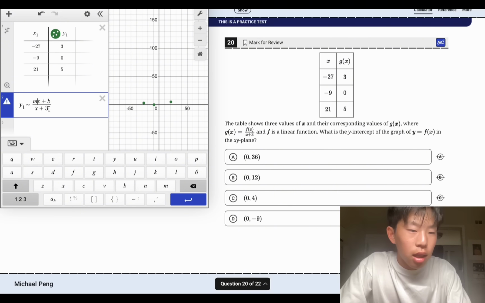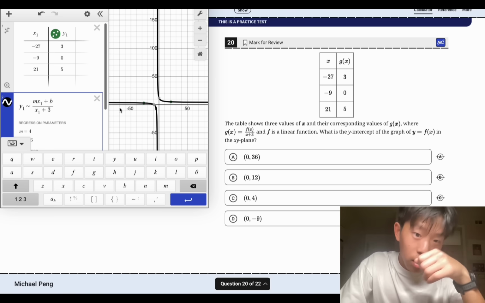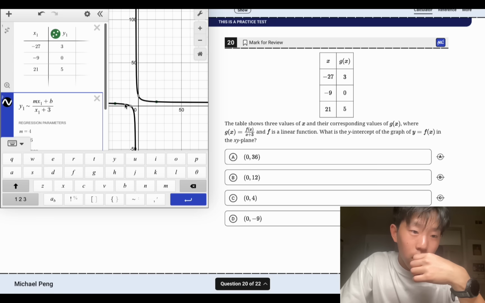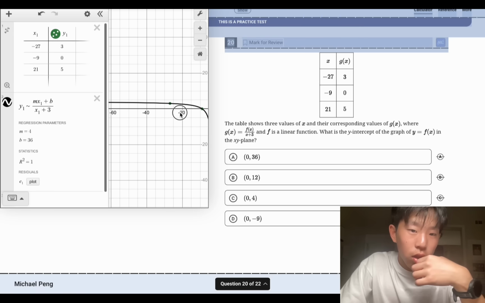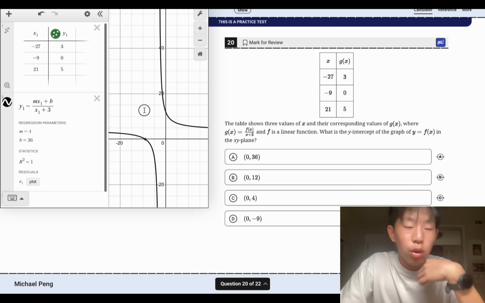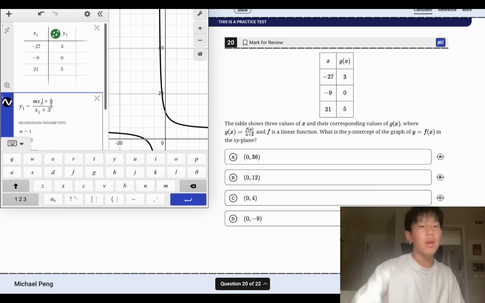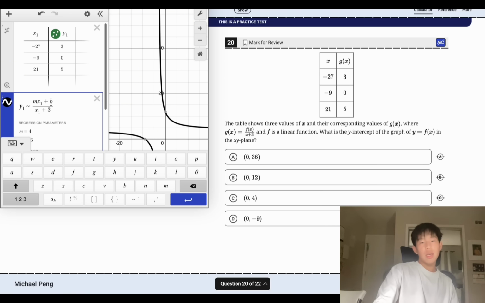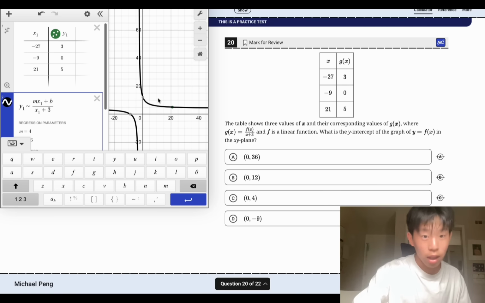But we need to realize that Desmos doesn't work with variables. You need constants, so you need to write mx1 and the next one. Now the regression works when you have x1, because it's not x itself, it's a value x.